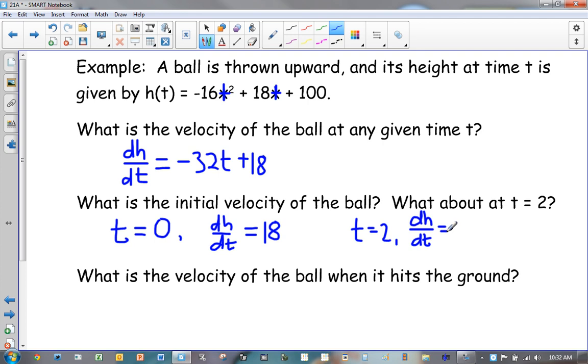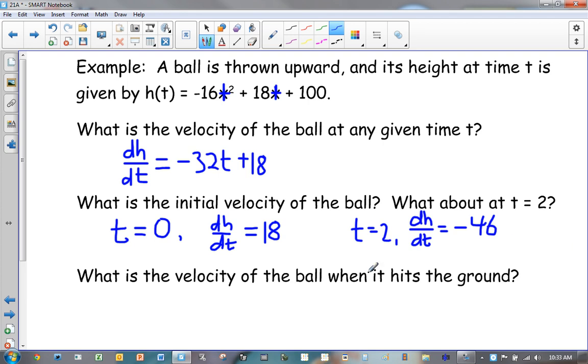So that's going to be negative 32 times 2, which is negative 64, plus 18. And that is negative 46. Sorry, I had to take some time to actually calculate it. I just didn't want to be wrong. All right, so that means it's now falling down at a velocity of 46.